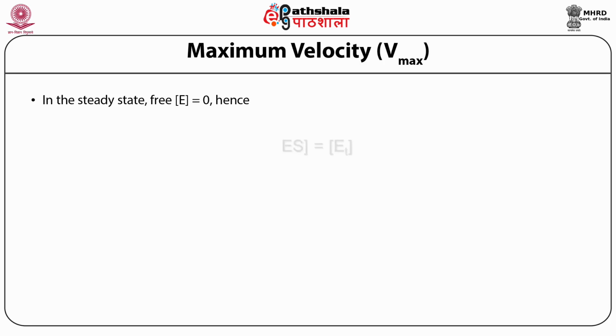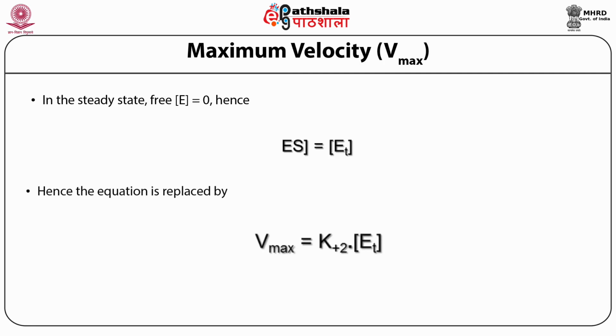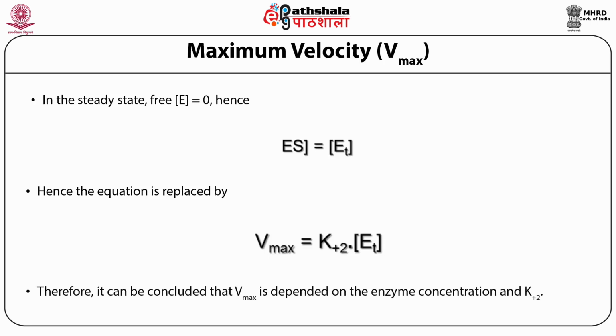Then ES complex equals total enzyme present, because in the steady state we never have any free enzyme. Therefore, the velocity equation is modified so that Vmax equals K plus 2 into total enzyme concentration. Therefore, we can conclude that Vmax is dependent on enzyme concentration and K plus 2.